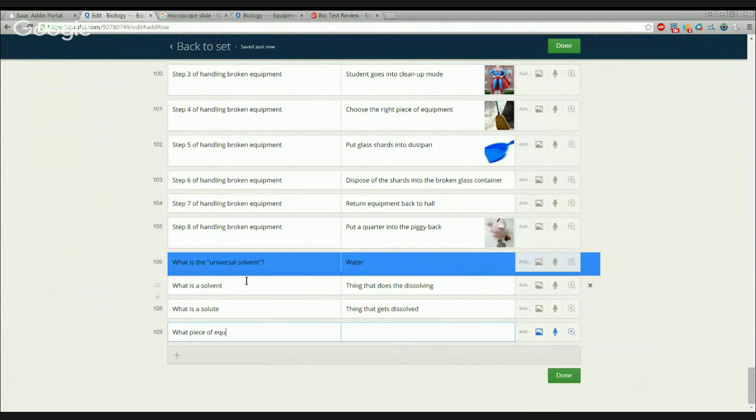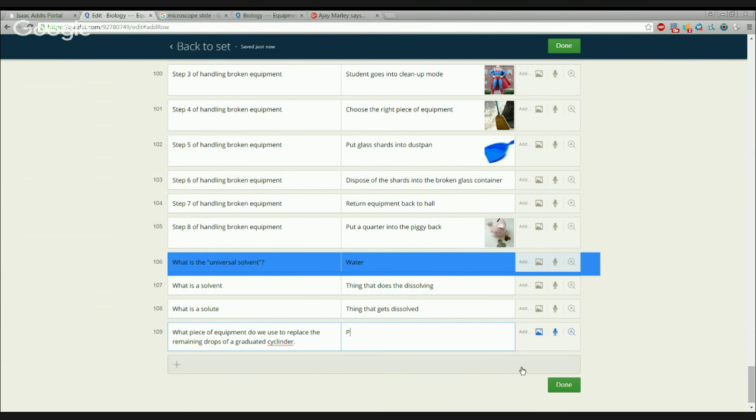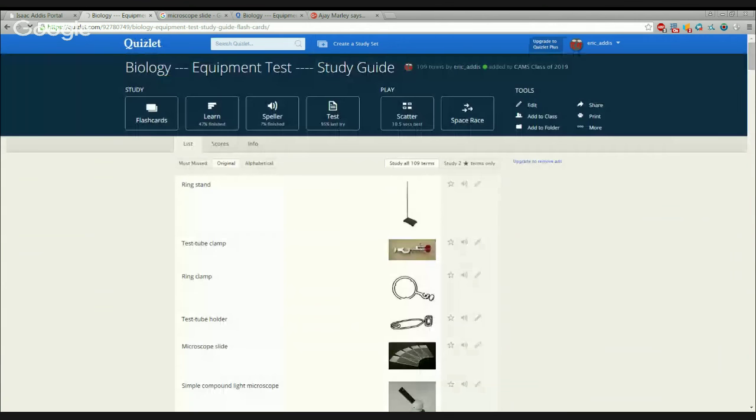What piece of equipment do we use? A pipette.